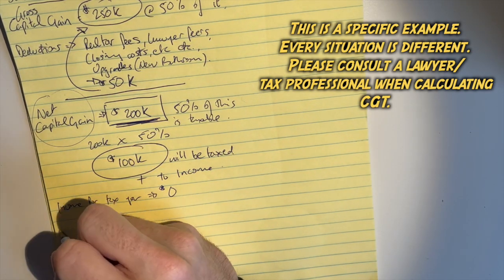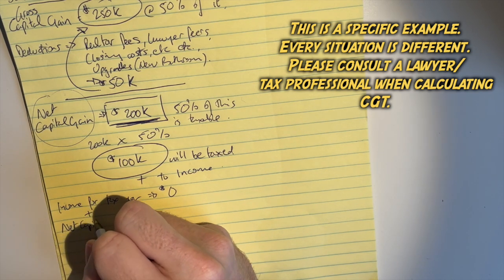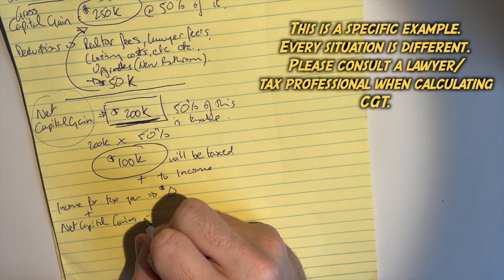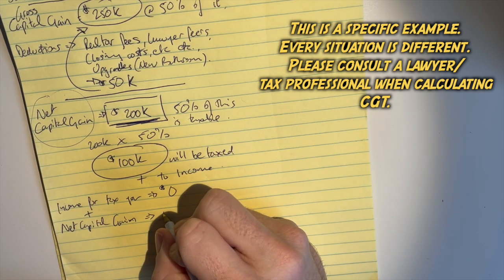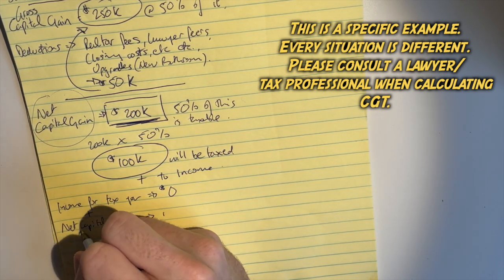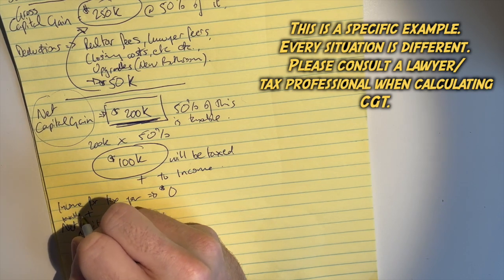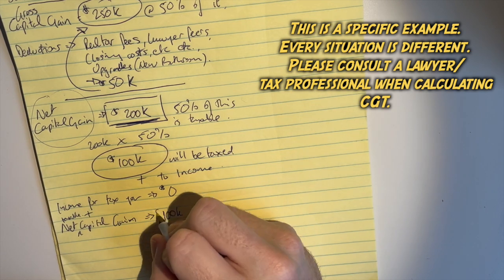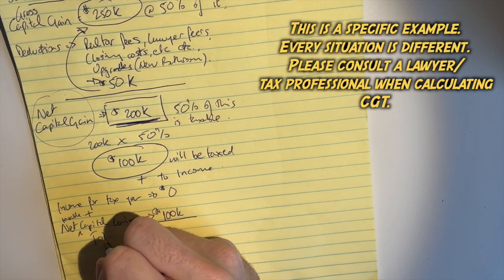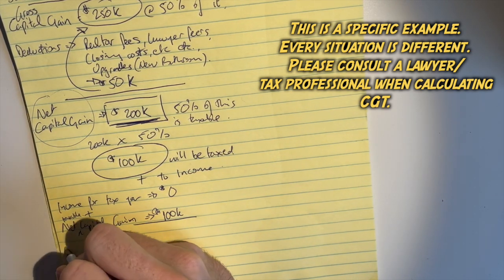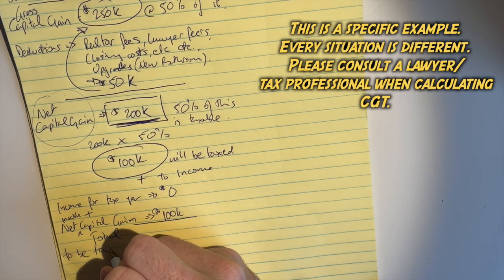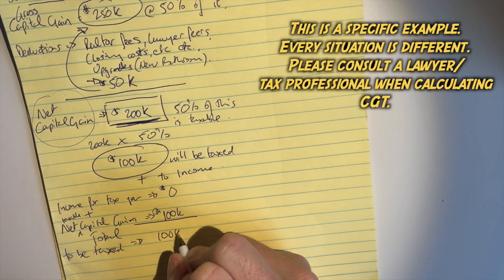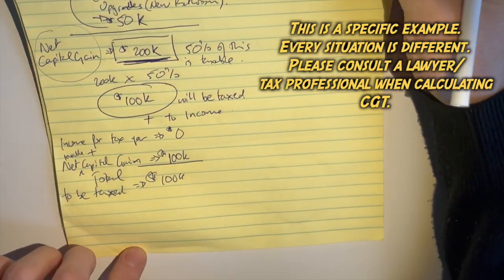So the net taxable capital gain is going to be $100,000. So the total to be taxed is 100 grand. Hopefully you can still see that down there.